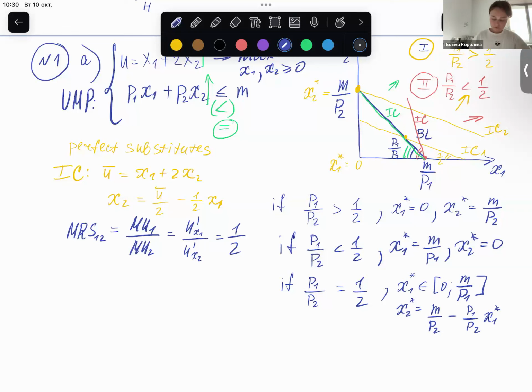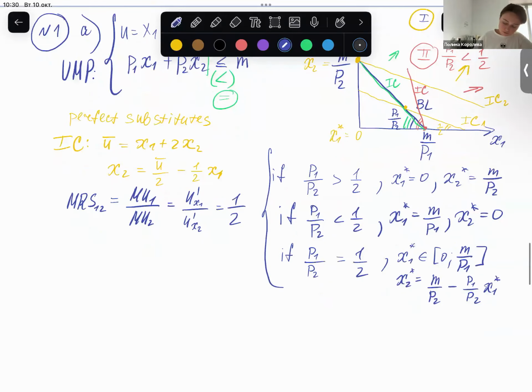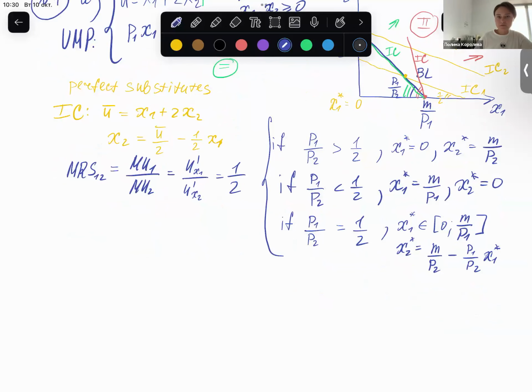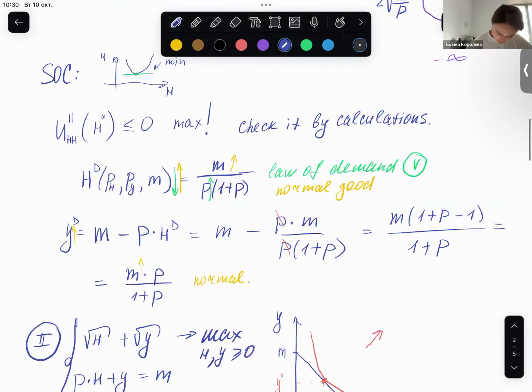So this is the solution of our utility maximization program. Now, we're ready to write down the demand for x1. I think this is the task. Let me check.